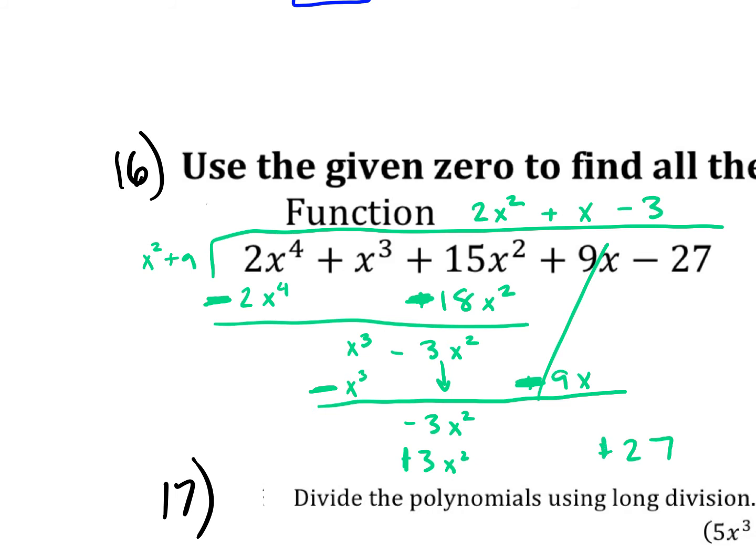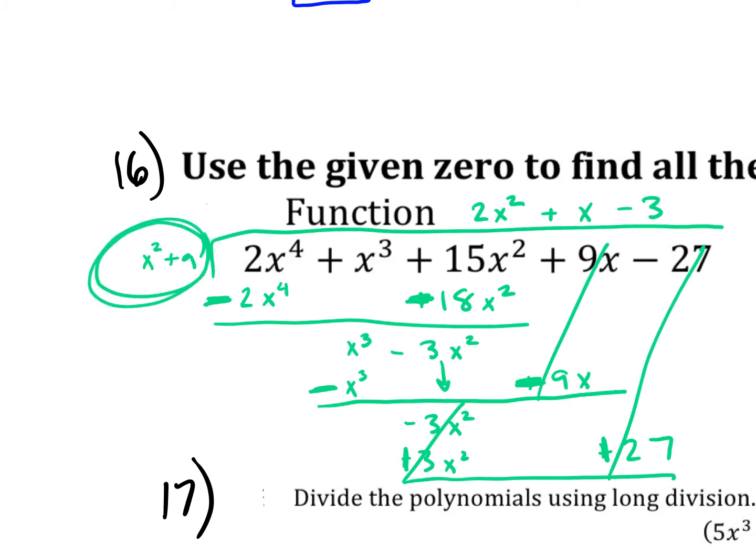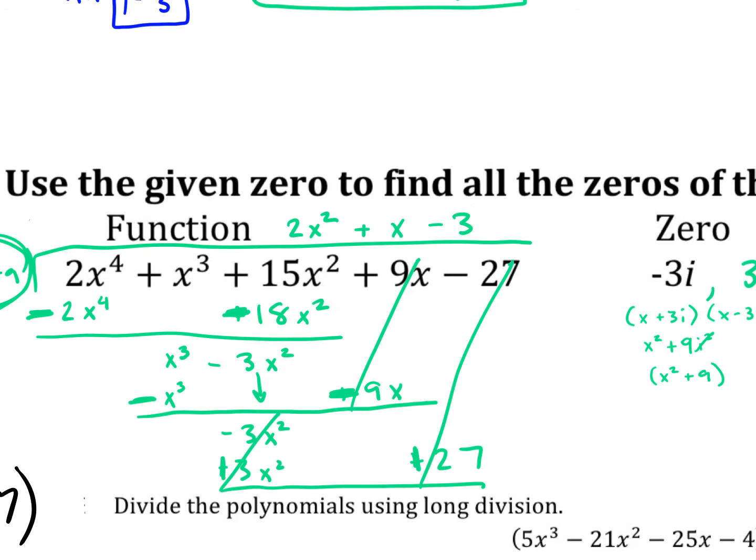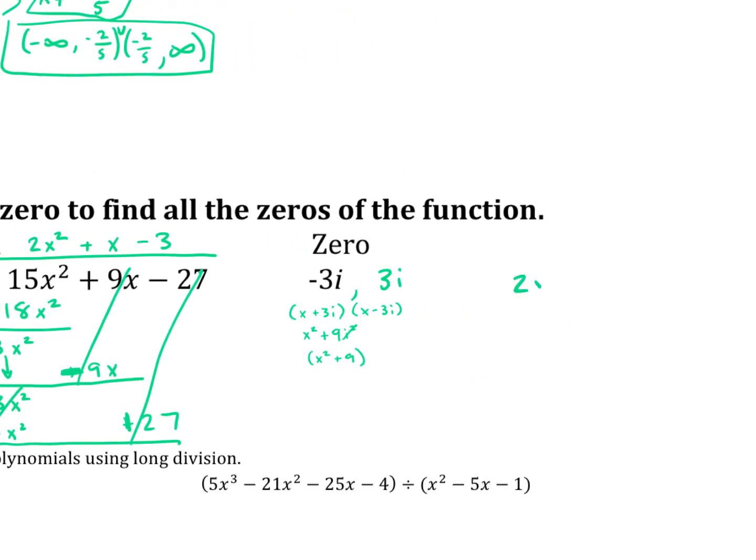Change the sign, combine. These cancel and these cancel. Which makes sense that they cancel because we already knew that this was going to be a factor. So it was already going to go in evenly because it was a factor. So now I have 2x squared plus x minus 3 as another factor.